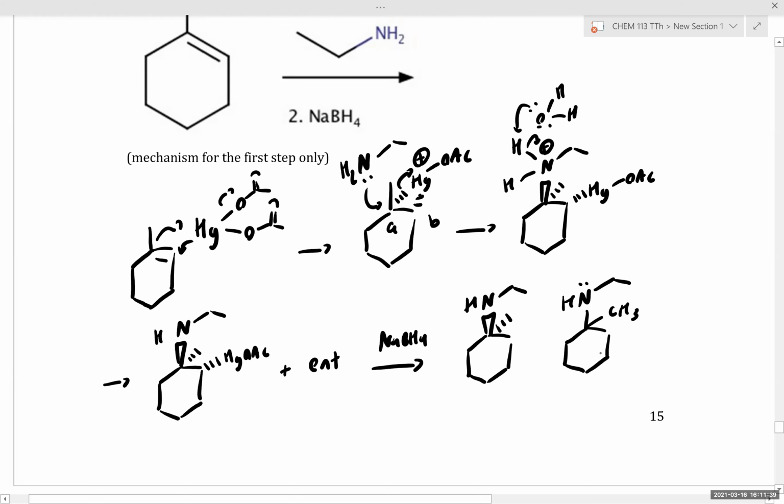So you go from a mixture of enantiomeric mercurinium ions to just an achiral product. Does that make sense? Any other questions on this example?